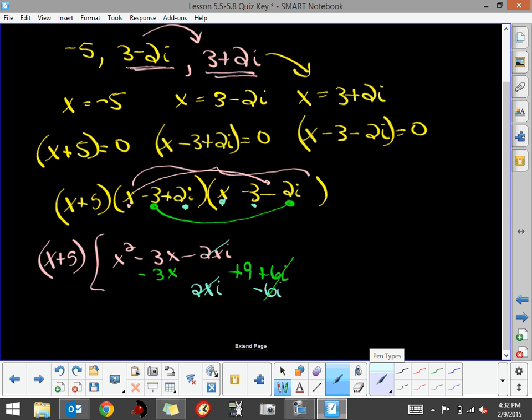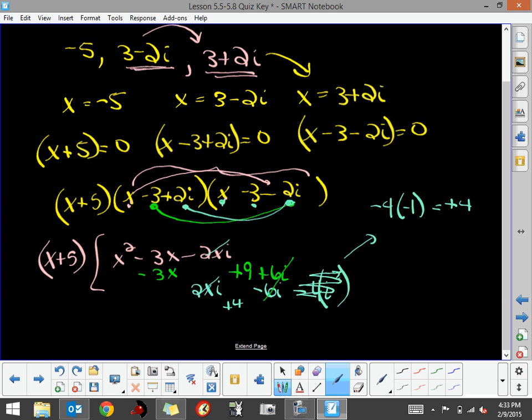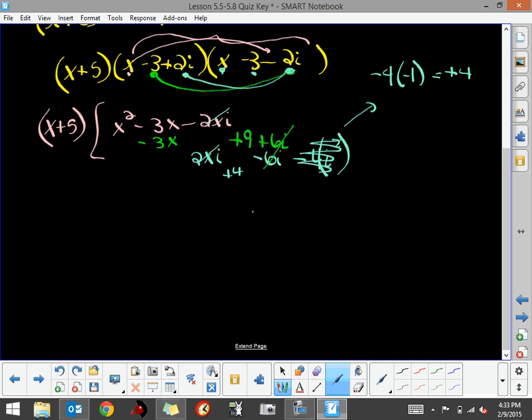And now I'm going to take the 2i times the negative 2i, and that's a negative 4i squared. But you got to keep in mind that an i squared is equivalent to a negative 1. So just thinking off the side here, this is really negative 4 times a negative 1, which makes it a positive 4. So this positive 4, I just will park it underneath that positive 9 and get rid of it here. And I'm going to collect those like terms, and I still got to multiply by x plus 5.